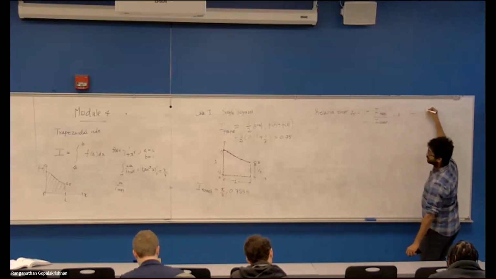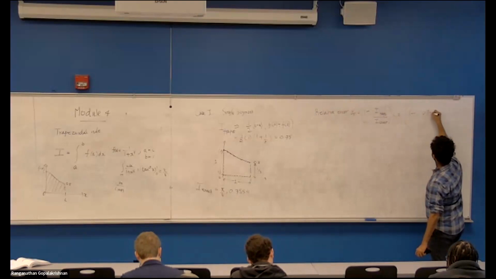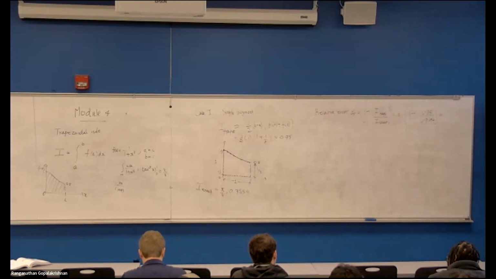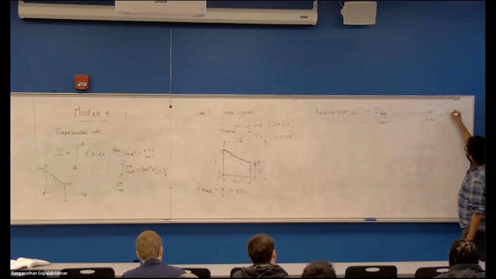This is 1 minus 0.75 divided by 0.7854, expressed as a percentage. Can you tell me that? 4.51%.